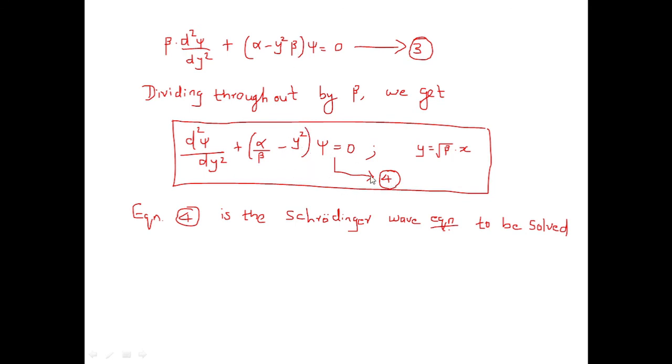This is equation number 4, and remember that y is equal to root of beta times x. Now, equation 4 is an equation in the new variable y. So we have switched over from variable x to y, and we have defined y as root of beta into x. And this equation 4 is the Schrodinger wave equation, which is to be solved.